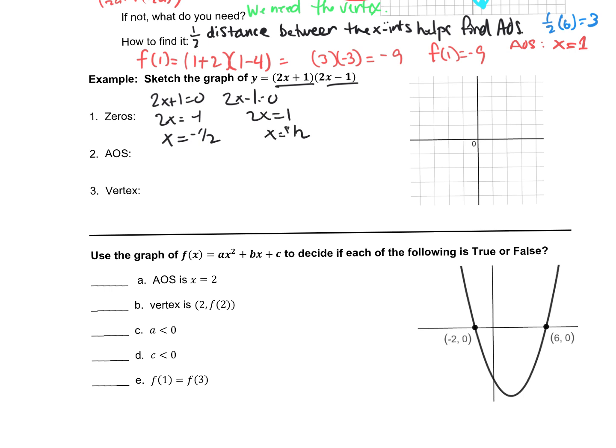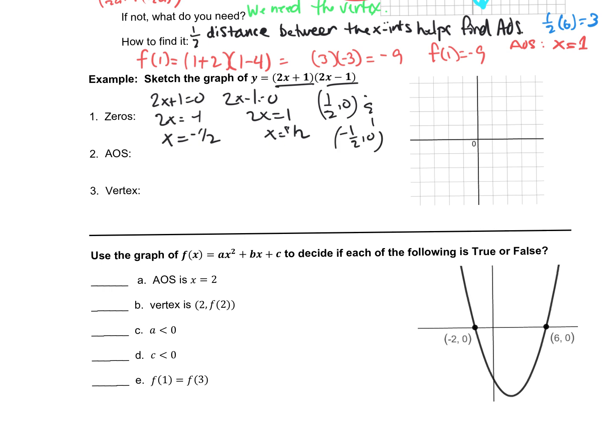They are points, so please write them as points. Oops, I wrote that totally wrong. We have 1/2, 0 and a negative 1/2, 0.